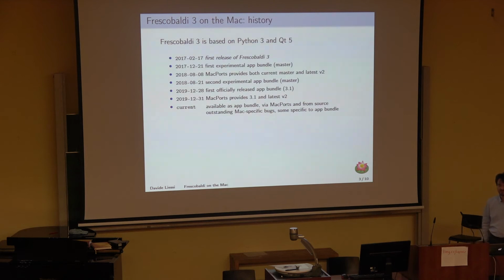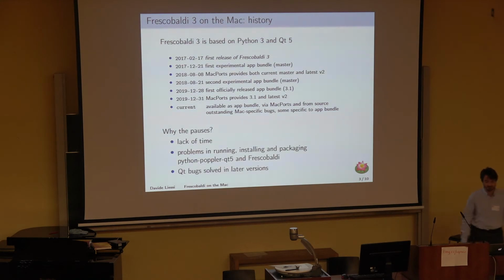But then the switch to Qt5 happened, and you will see that there are many gaps in this timeline between an event and the following event. The reason for the gaps is lack of time on my part, because life, but also many problems in packaging, installing, and even in running Python Poppler Qt5 and Frescobaldi.